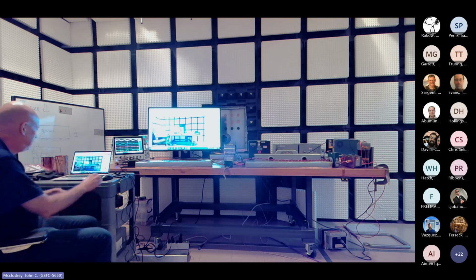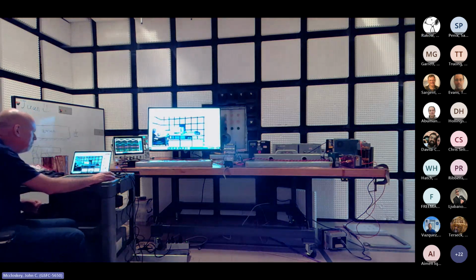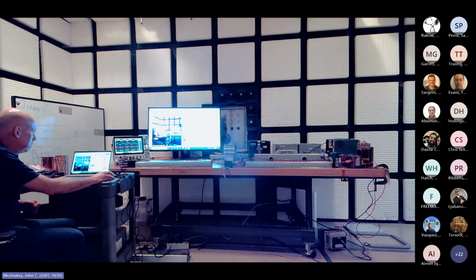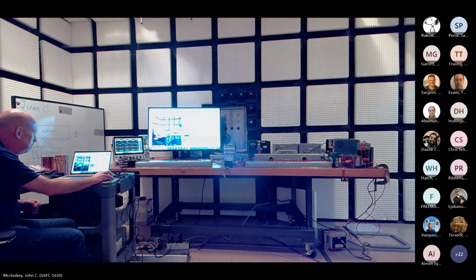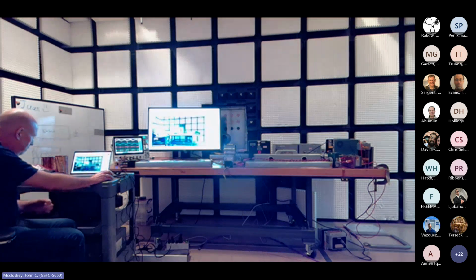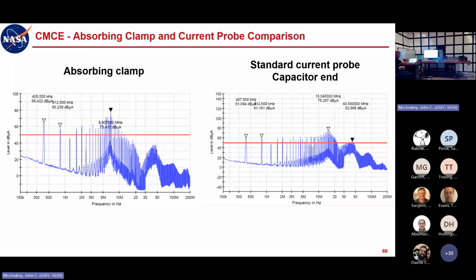And so if that resonant frequency, going back to this, that resonant frequency of that high frequency noise was shifting down by roughly a factor of 2, if that's what it is, right? If this peak with the absorbing clamp at 7 megahertz is equivalent to this peak at about 18 megahertz, that shift is roughly a factor of 2, maybe a little more.